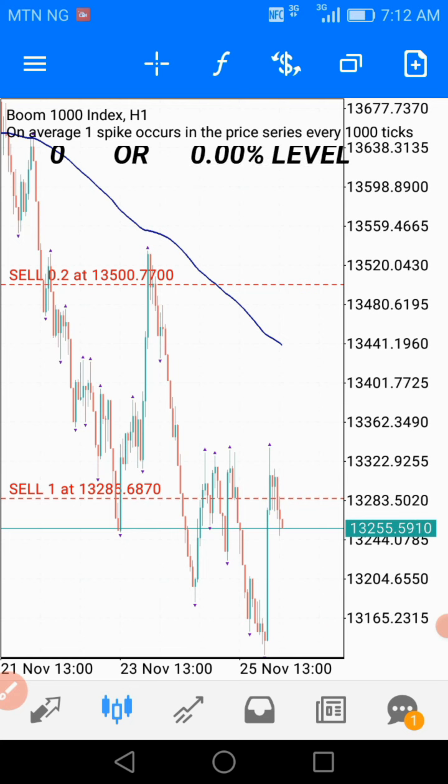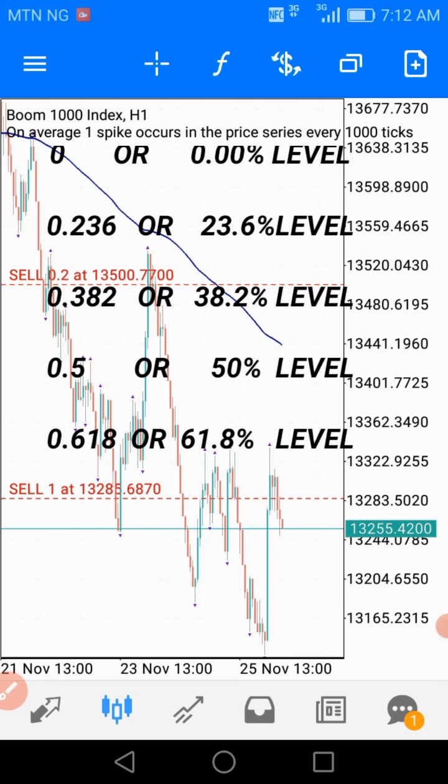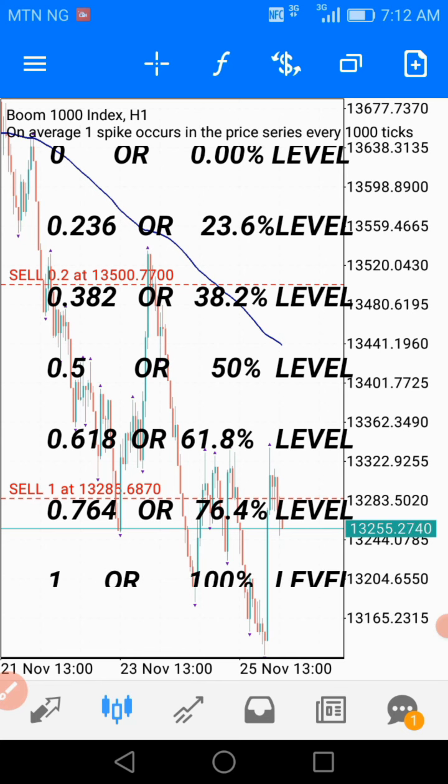They are the 0.00% level, then 0.236 or 23.6% level, 0.382 or 38.2% level, 0.5 or 50% level, 0.618 or 61.8% level, which is known as the blue ribbon level or golden ratio level, and then we have the 0.764 or 76.4% level, and of course we have the 1 or 100% level.